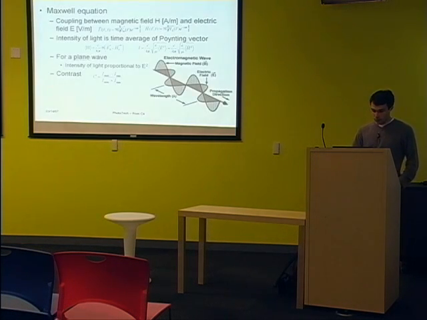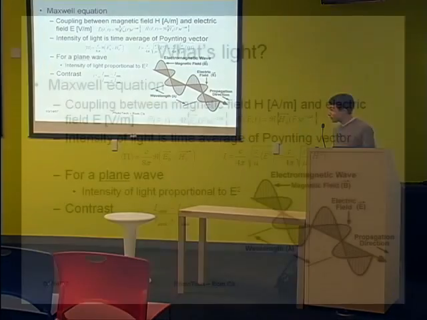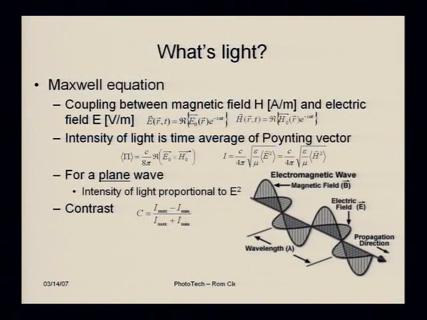So, diffraction. Before talking about diffraction, we need to know a little bit what light is. Light is an electromagnetic wave made of a magnetic field, H, and an electric field, E. In everything that we're going to do here, we need to have an understanding of what the intensity of light is.